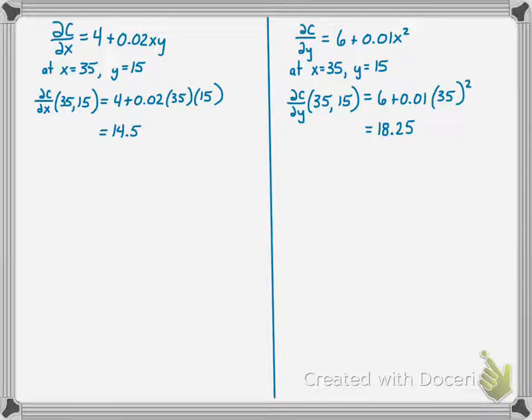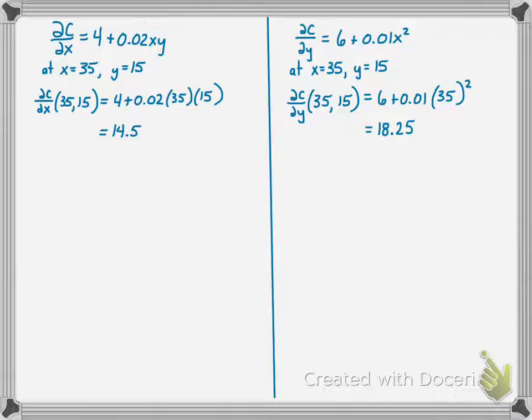So our c is our cost to produce 1 unit. X represents the cost per pound of raw materials. And so when we're thinking about this 14.5, we're saying that that is a change in cost by increasing the raw material cost. So think carefully about that.